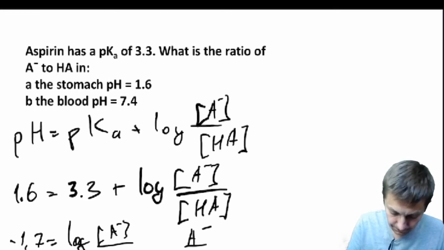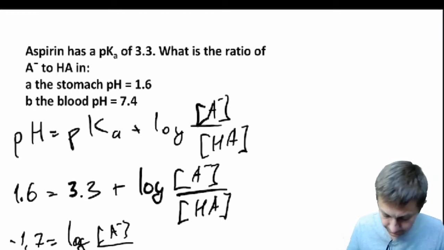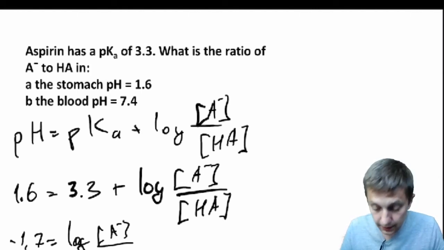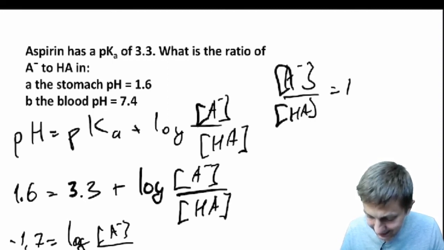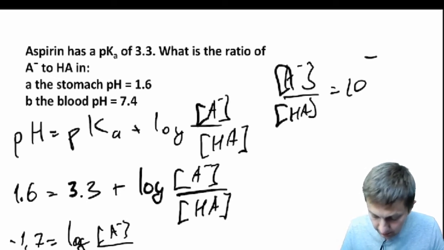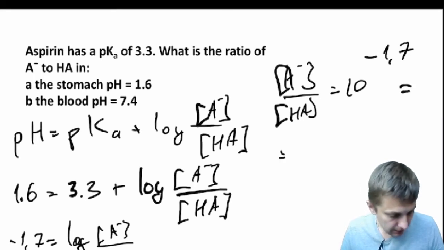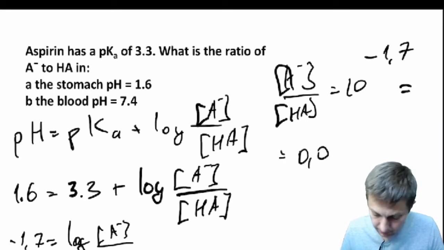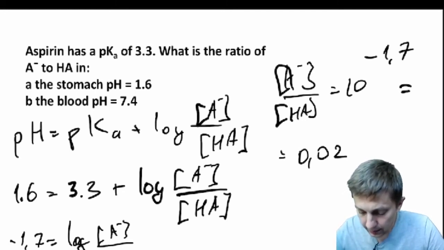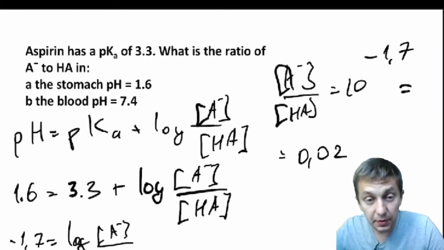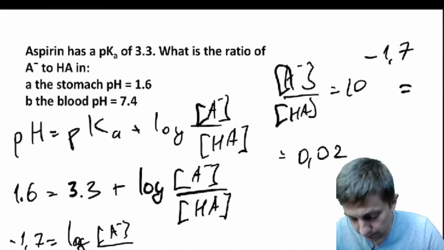How did I get it? This ratio A minus divided by HA equals 10 to the power minus 1.7, and it will be equal 0.02. So mainly inside the stomach, aspirin exists in non-dissociated form.